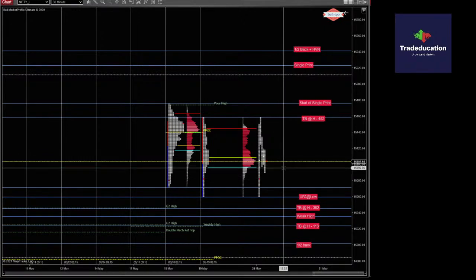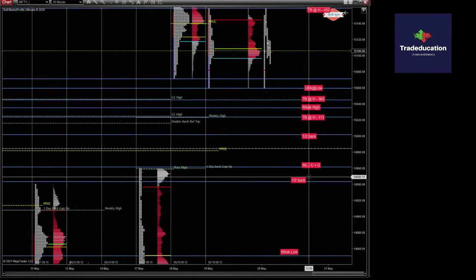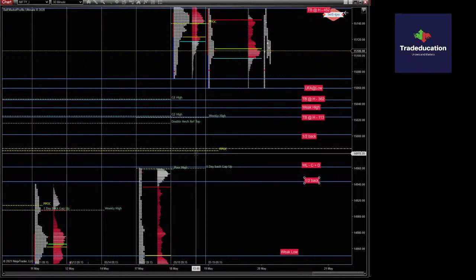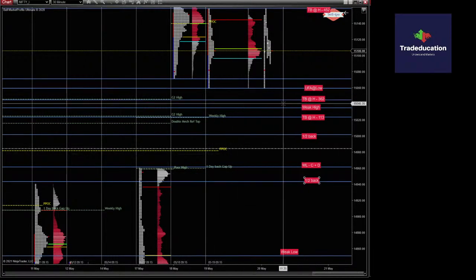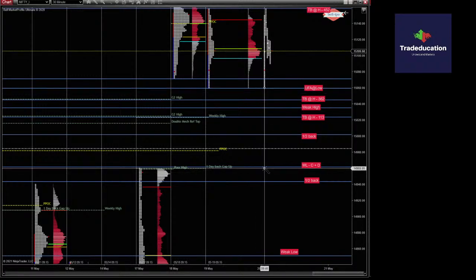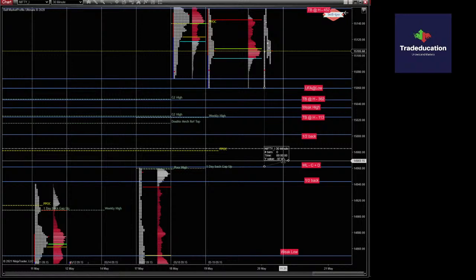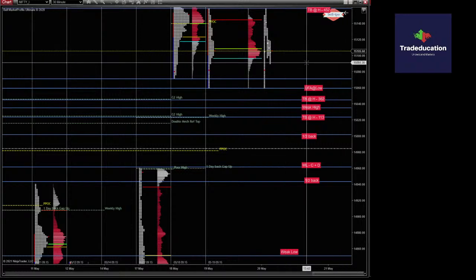But right now there's no trade location. Overall there's a big massive gap of 97 points. 97 points is not a big range, so I think we can achieve it today.